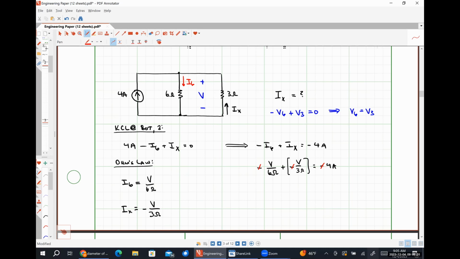So from this, I could see that V is equal to 4 amps divided by 1 over 6 ohms plus 1 over 3 ohms.